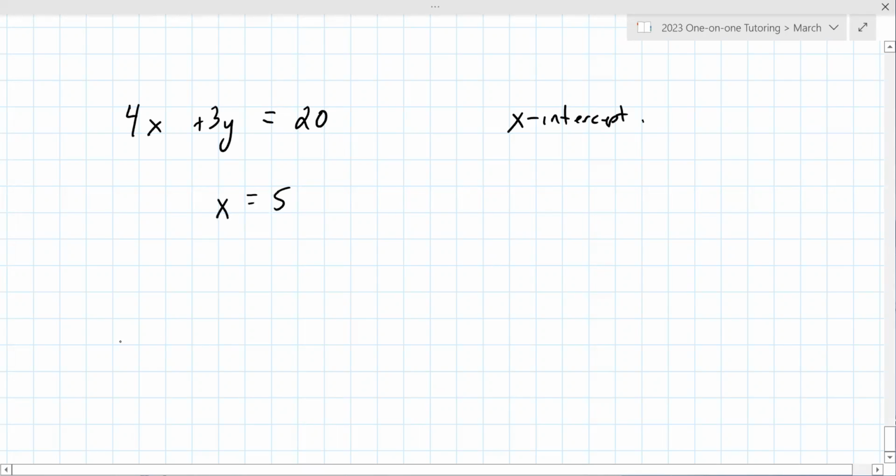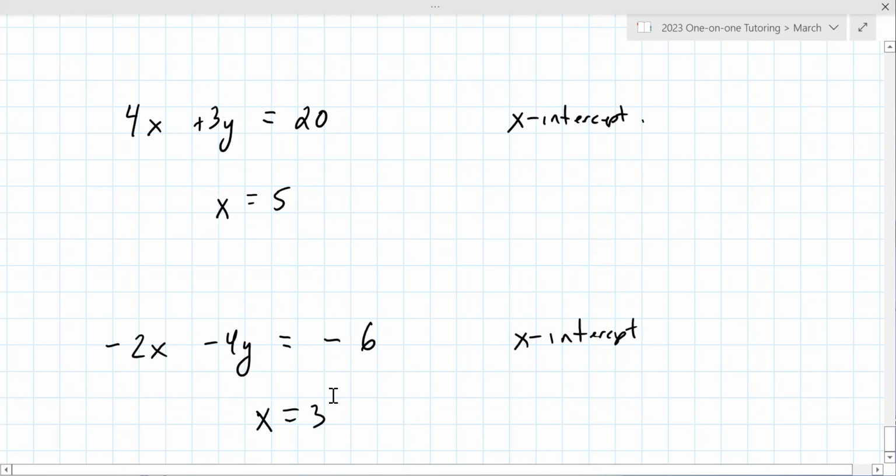So let's make one a little bit harder. How about minus 2x minus 4y equals negative 6? I want you to find the x-intercept for this one, please. I know the answer. That's x equals 3. X equals 3. Very good.